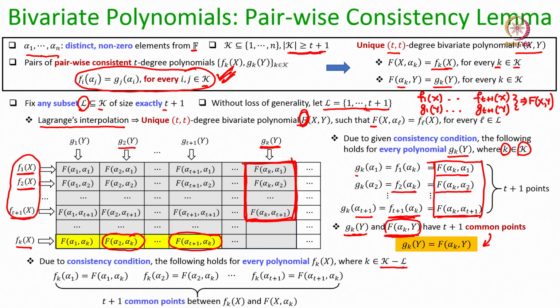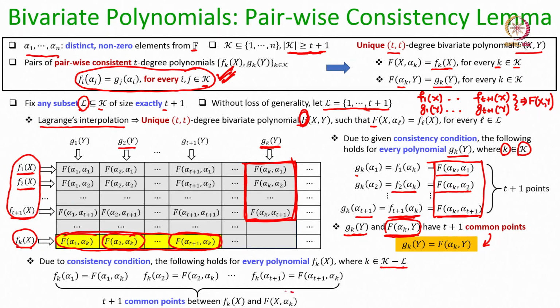Now, what is the degree of f k x polynomial? It is a t degree polynomial, and these highlighted points here actually lie on a t degree univariate polynomial in x.